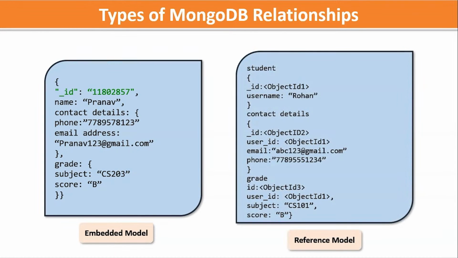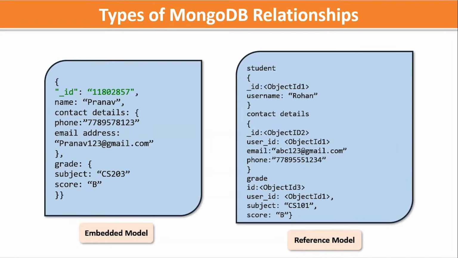And similarly, I have the reference model. Now, the reference model basically links two or more documents, right? Now, let's say I have again a student collection here, which is of Rohan, whose contact details, his email ID, phone number, and grade are being displayed here. So let's say I have a collection, and in that, I have three different documents, which are student, contact details, and grade.